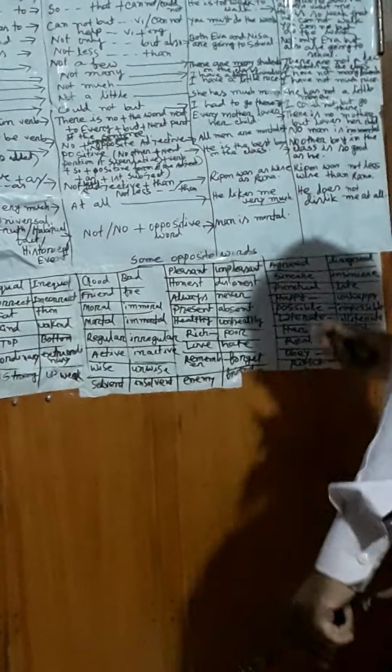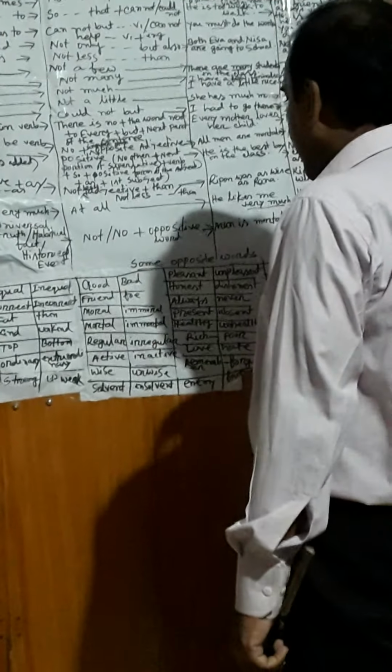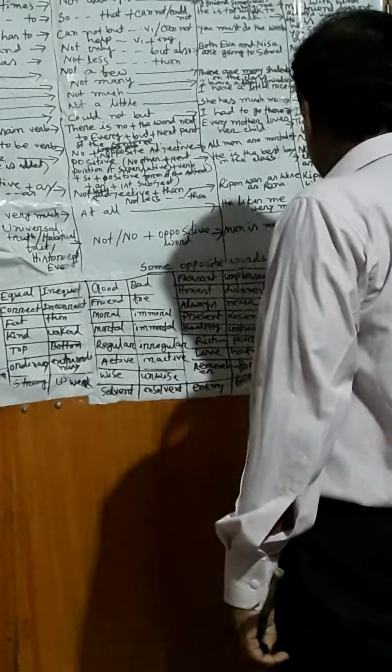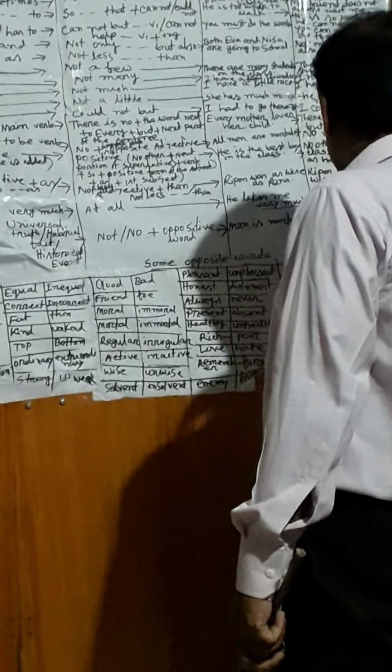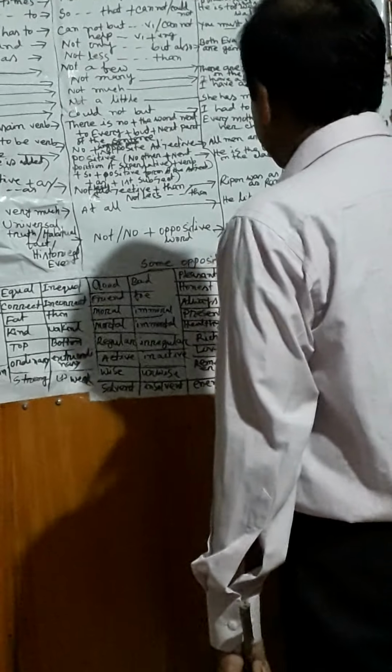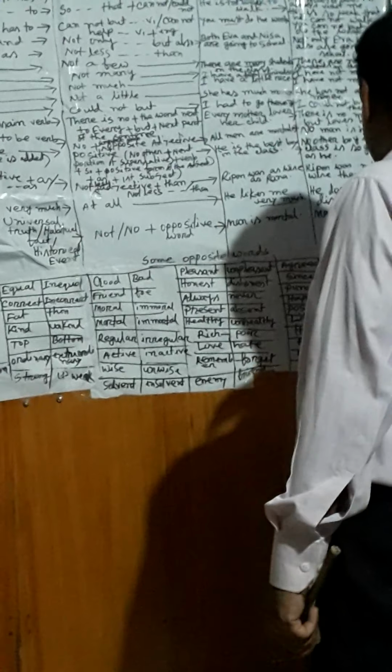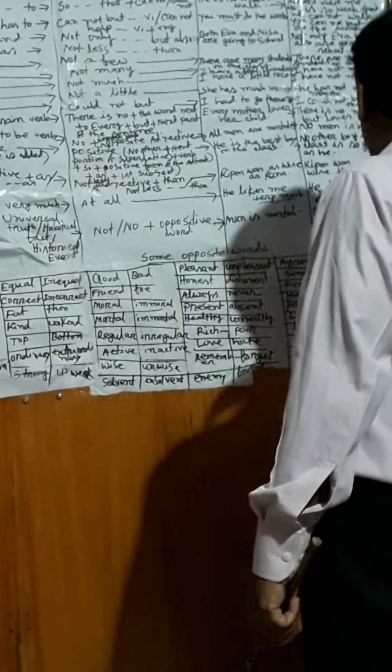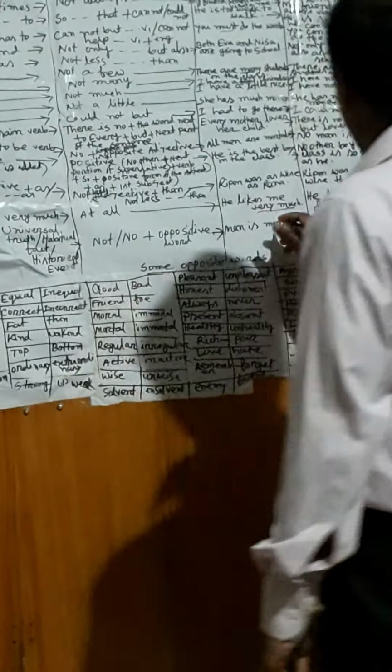Here this sentence expresses a universal truth. So the answer will be: at first you have to use the subject, man, then verb is not, the opposite word of mortal is immortal.